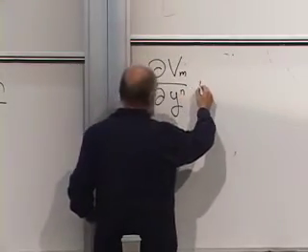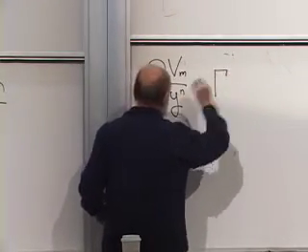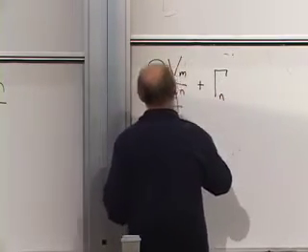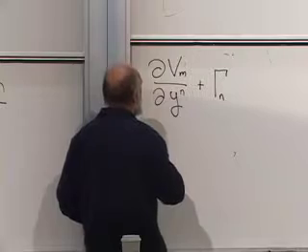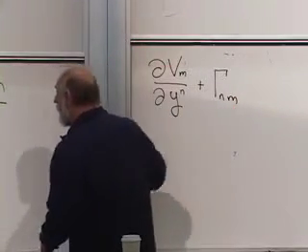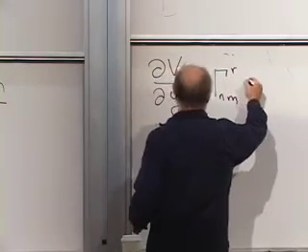And the thing we have to add to it is just this Γ^n_mr V^r.